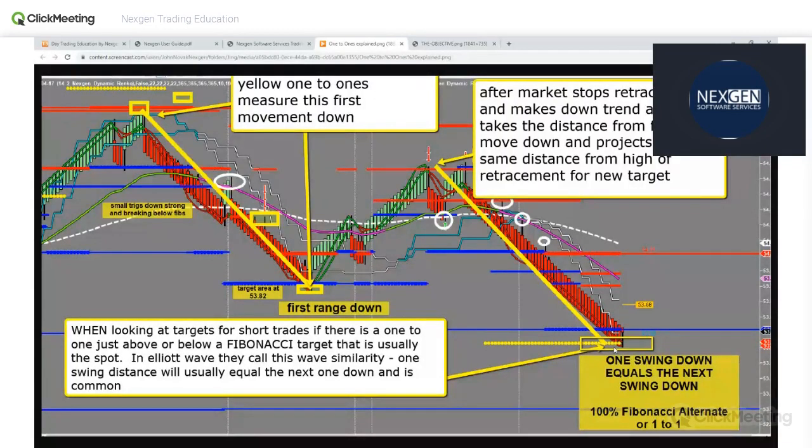Does that make sense, Melby? It's pretty easy once you see it, but again, for us, the 1-to-1s represent, again, there's been studies done on Fibonacci and stuff, but Elliott wave, people call this wave similarity.